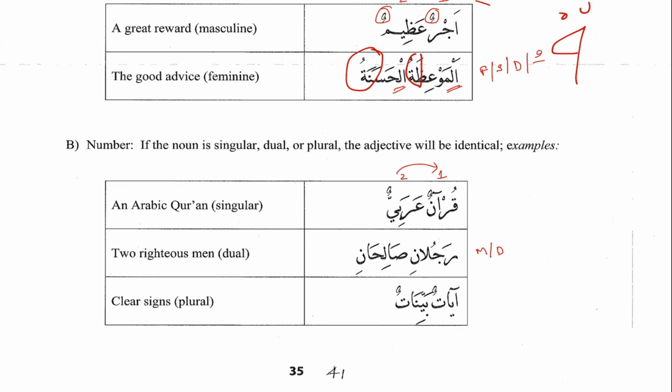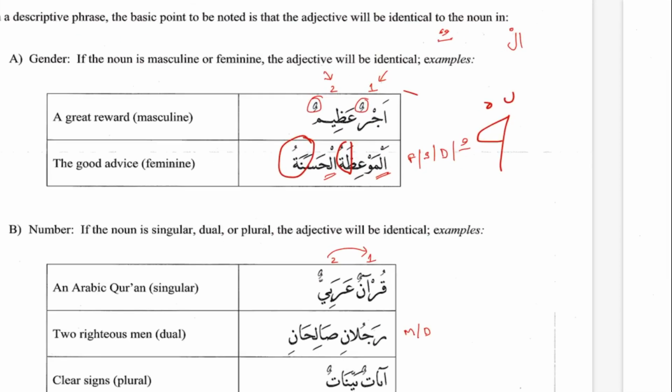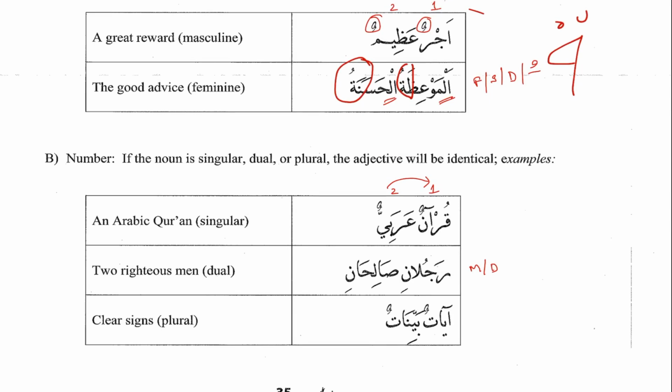So they're both duals, both the isms that we have, rajulani salihani. They're both dual, and they're both indefinite, right? There is no al there, and they have the same state, which is fatha.